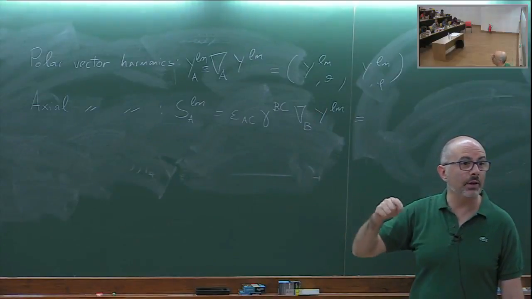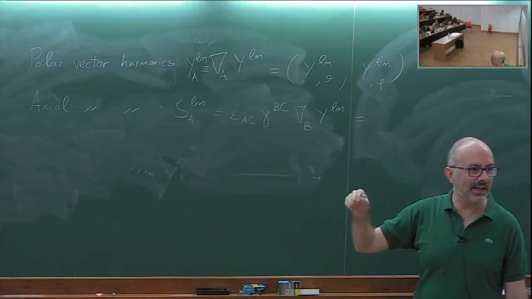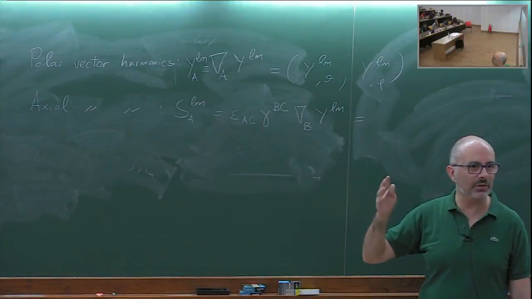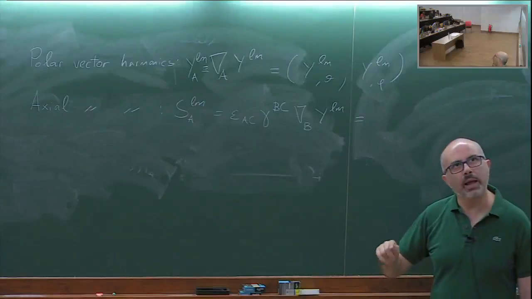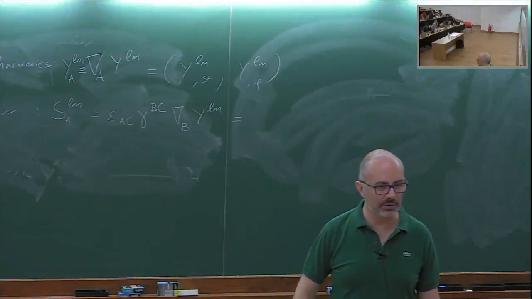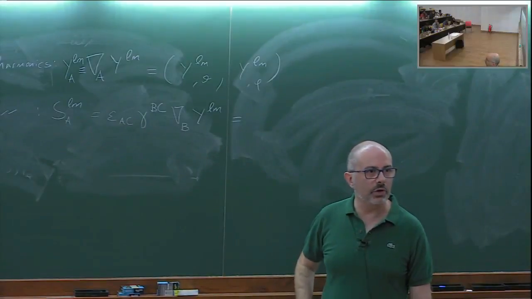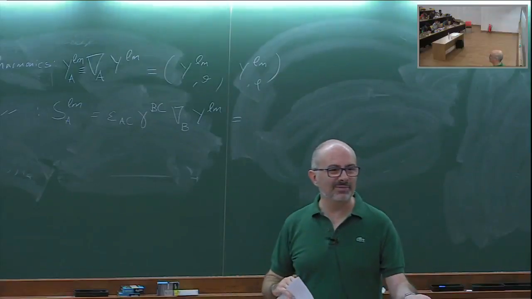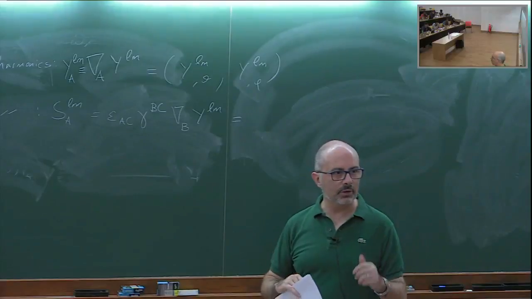It's epsilon_ijk, x_j, nabla_k, I should have said. But you understood what I meant, okay? So this is the two-dimensional generalization of the definition of the angular momentum. It's axial, because it's a Levi-Civita times a vector.